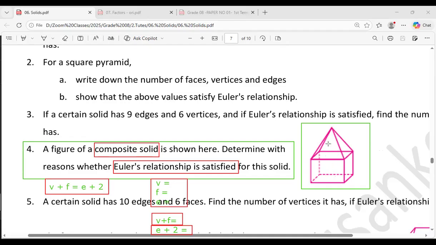So now this is one solid. So you have to count all vertices, faces and edges as one solid. Yes, send me. I know you have ended up.